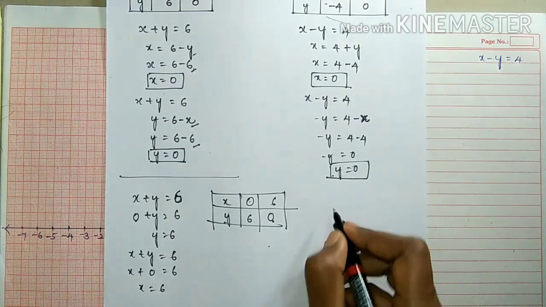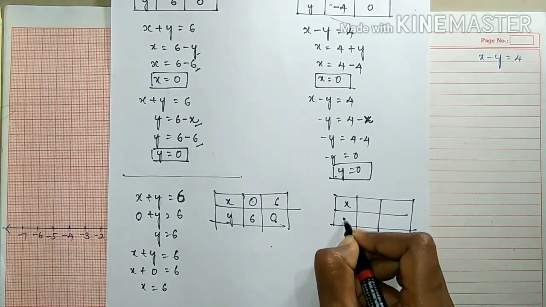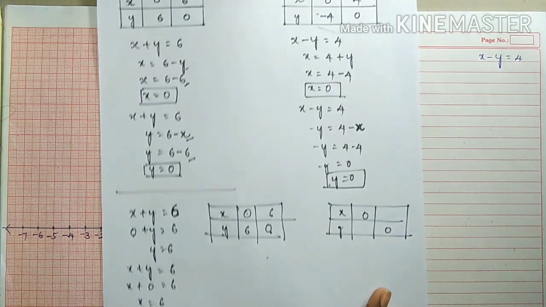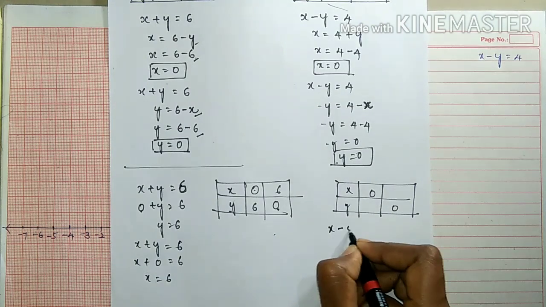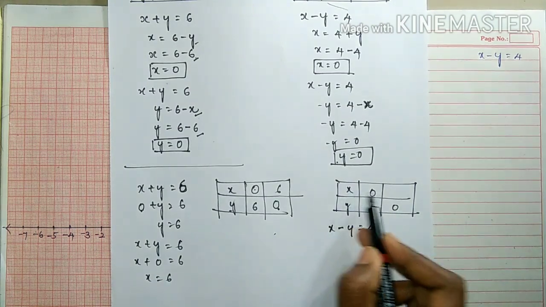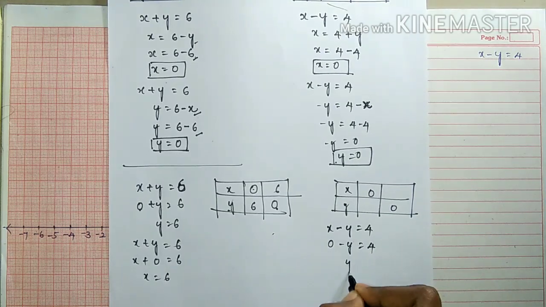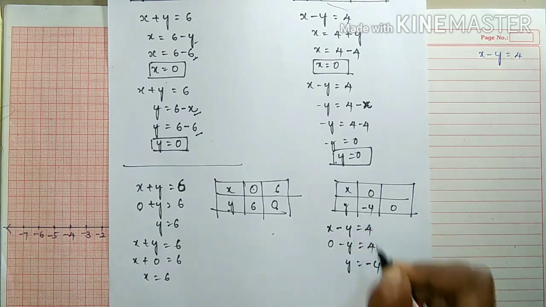Now the second equation, x and y coordinates. In the diagonal way, substitute zeros. Here x minus y is equal to 4, so the x value should be 0. Minus y is equal to 4, so y is equal to minus 4. This minus goes to that side, that is minus 4.